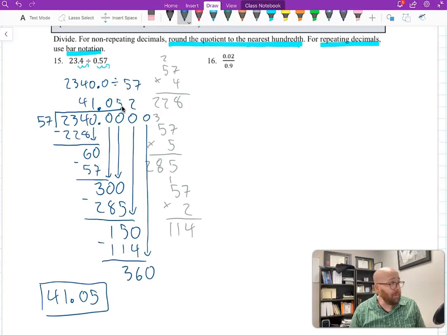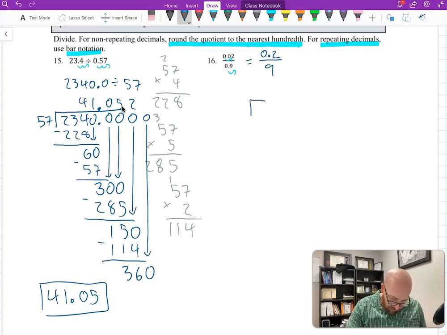Okay, problem number 16. 0.02 divided by 0.9. I don't like dividing by a decimal number. So if I move the decimal one place to the right here to get 9, I have to move the decimal one place to the right up here so that we have a 0.2.